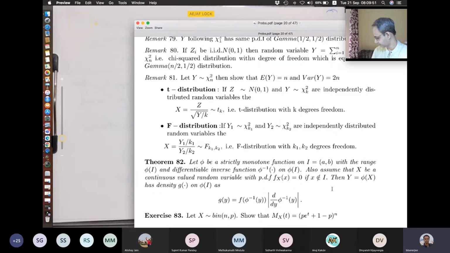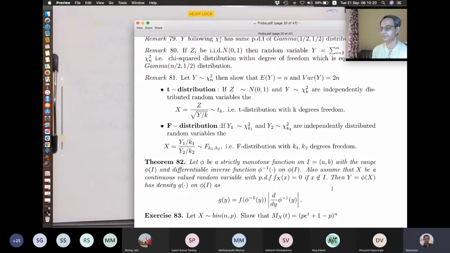How does it come? To see the theorem, we can prove it very easily. It will not be difficult. The main idea is that you have to consider two cases separately: phi is either a strictly increasing function or a strictly decreasing function.